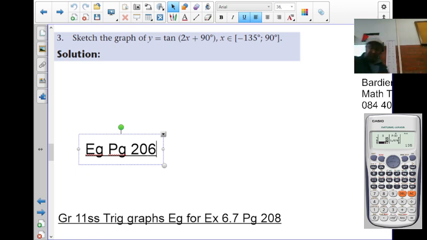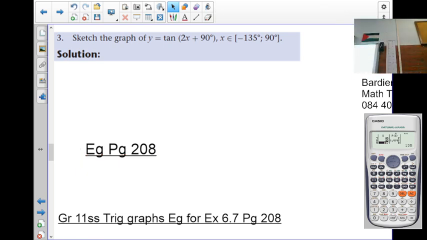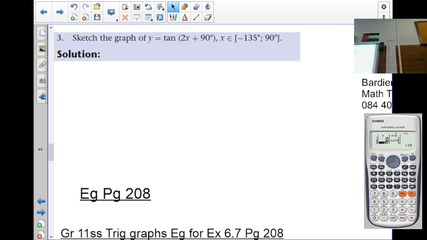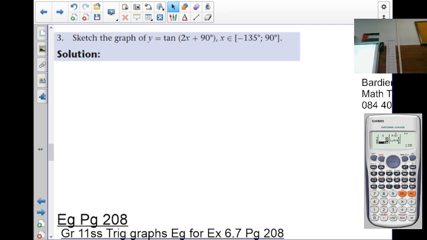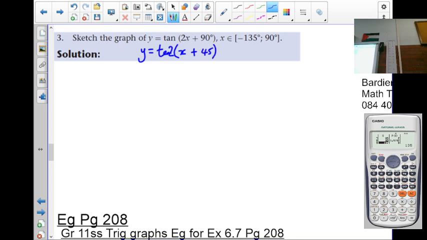Okay. Now we also sketch the graph of the tan graph. For y is equal to, so what's the first thing we need to do? We take out 2 as the common factor. We always want x on its own and you can see the shift of the graph. Okay. People, the step of the tan graph is normally 45 degrees.